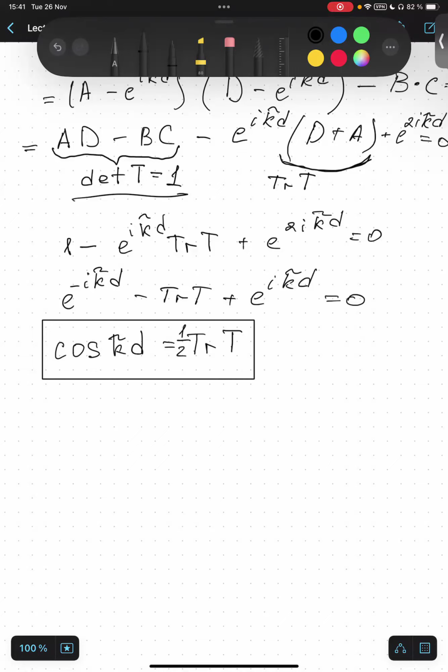So to find the final equation, we just have to find the trace of the matrix. So let's do it.